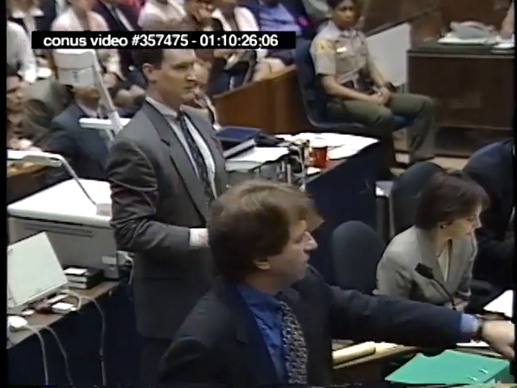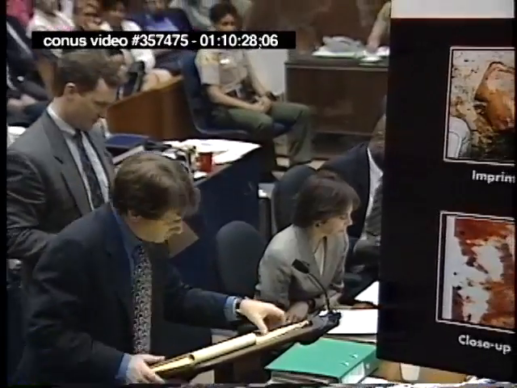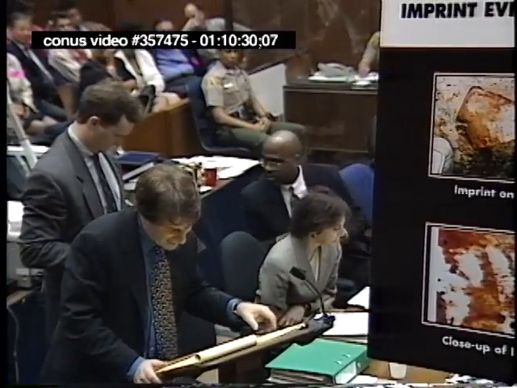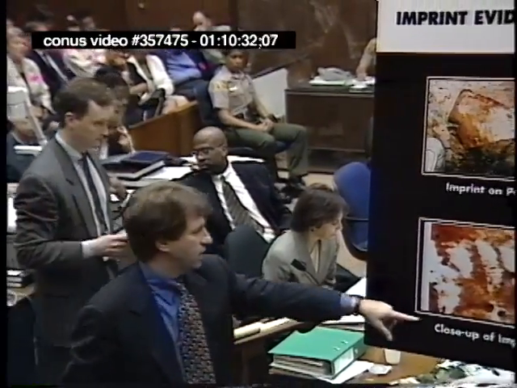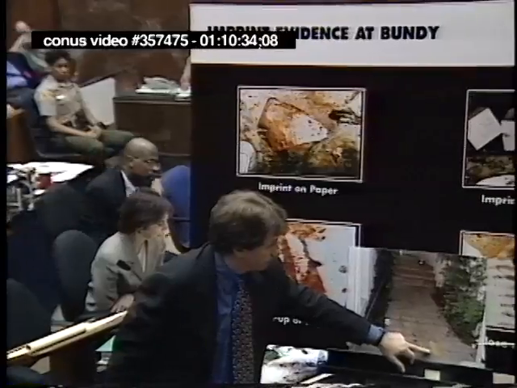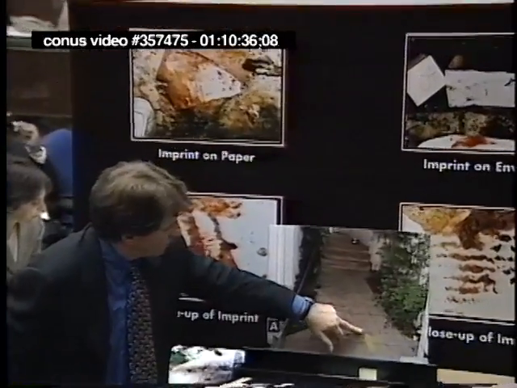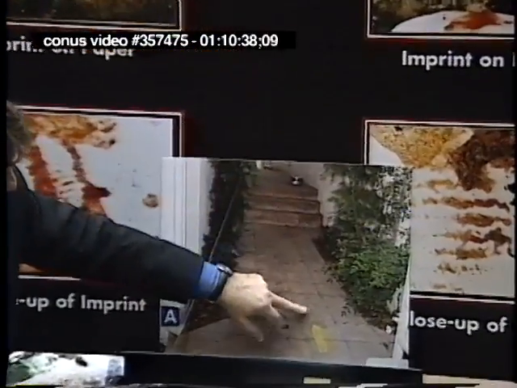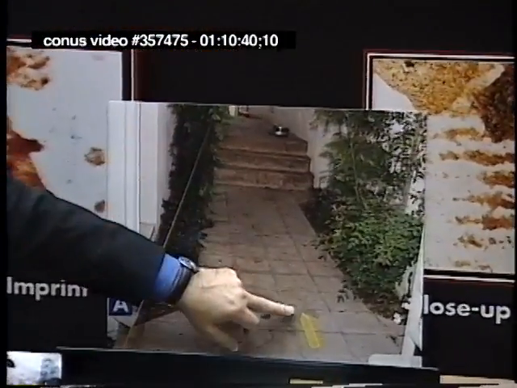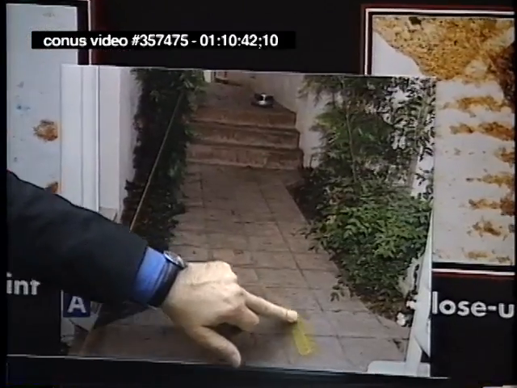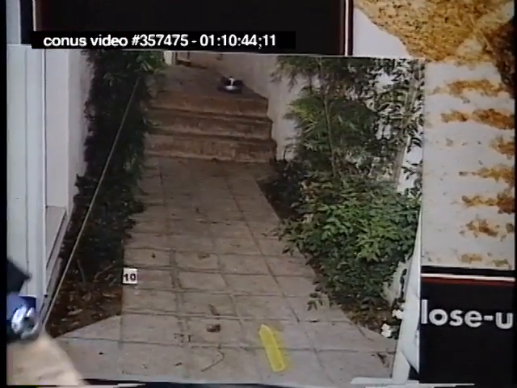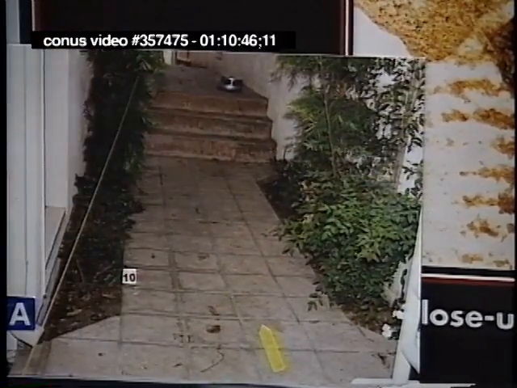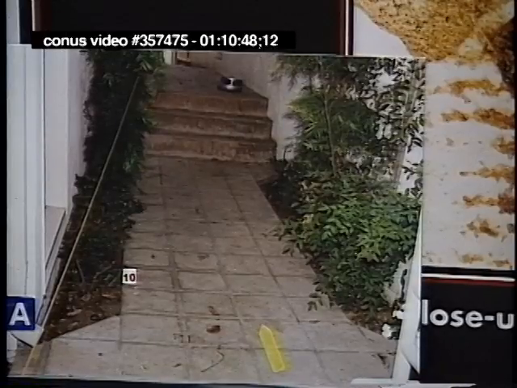And finally, on 598A, where you've put the yellow marker, you've indicated that what you see as imprint evidence is something in this row of tiles that is leading in a trail back to the rear of the Bundy location. Leading in the state's testimony. Sustained.